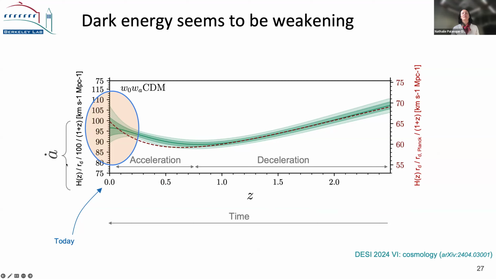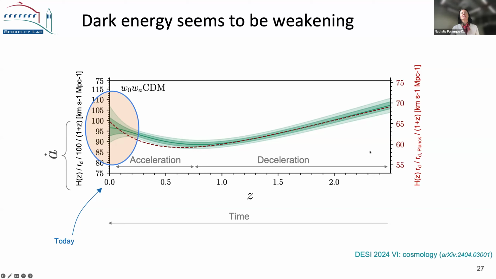So it's actually the change in the expansion rate, as a function of time, or as a function of redshift flowing to the right, which means that time flows to the left, and today is at a redshift of 0. The dashed red curve illustrates what we would expect in a lambda CDM model, whereas the green band illustrates the best fit model according to the W0 Wa parameterization.